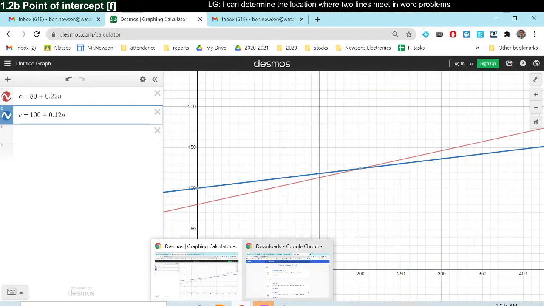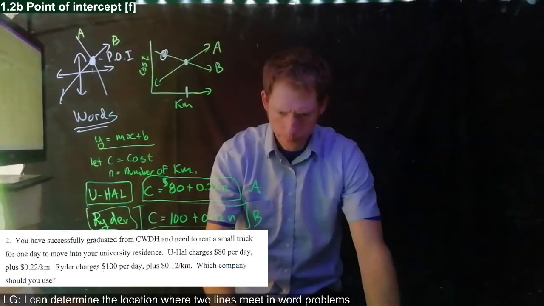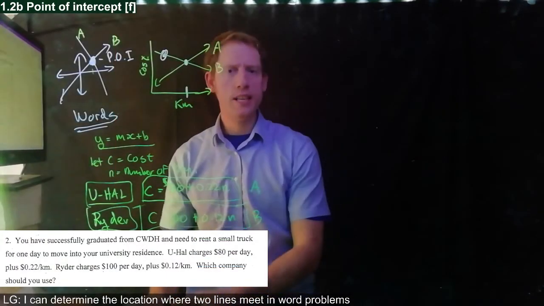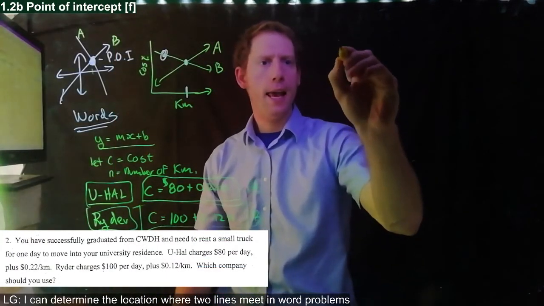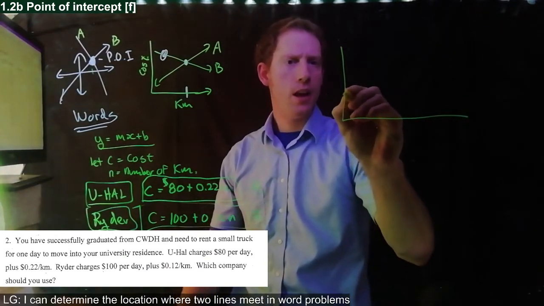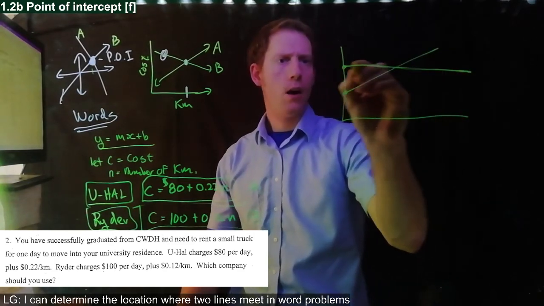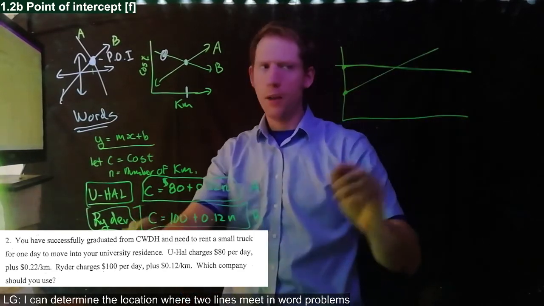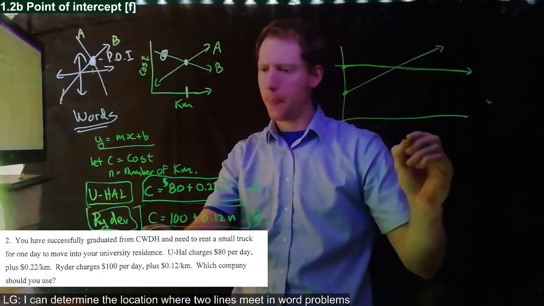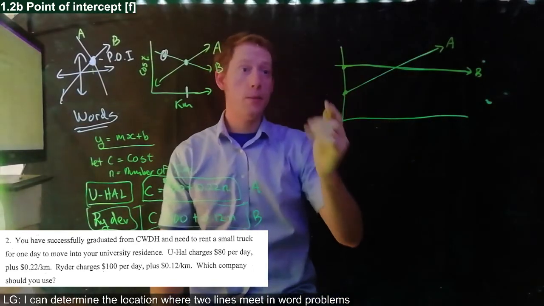Okay, so we can go back into our little video here. We use technology to solve for it, and you would just copy that graph. You can't have something negative there, but our graph looks something like this, where this is equation A, and this is equation B. If you remember, what was the point of intercept?